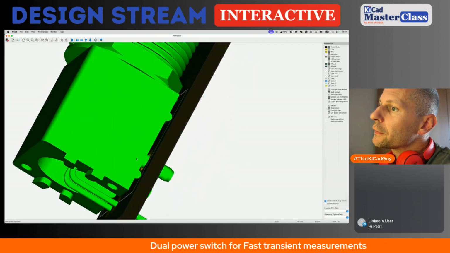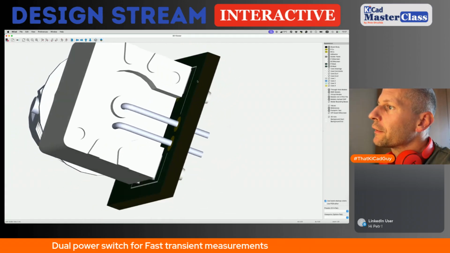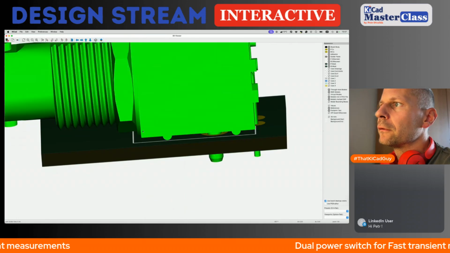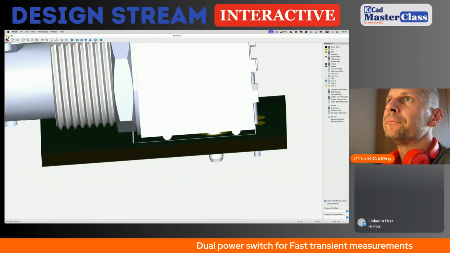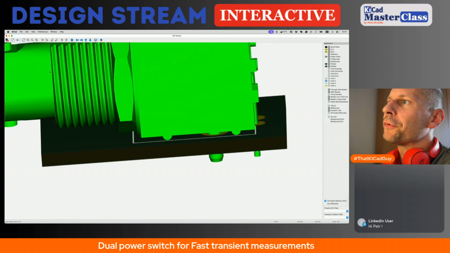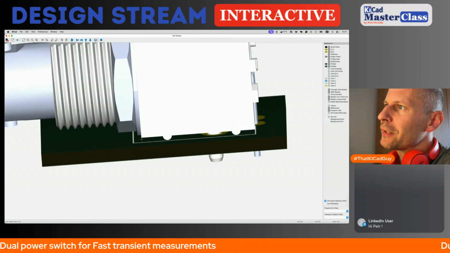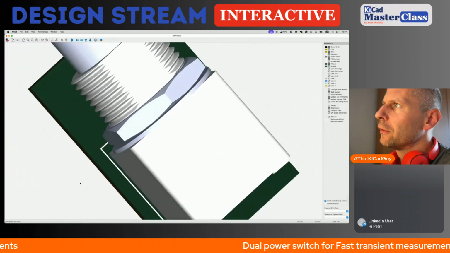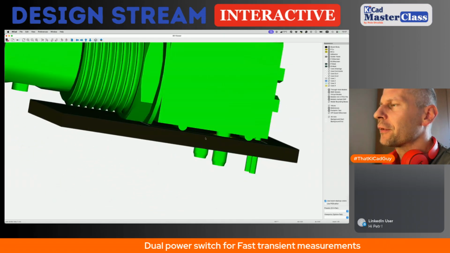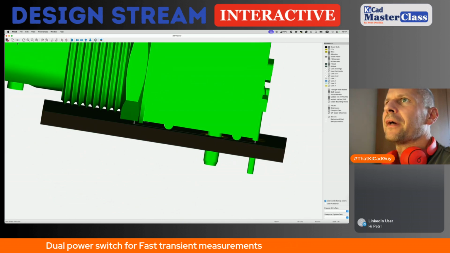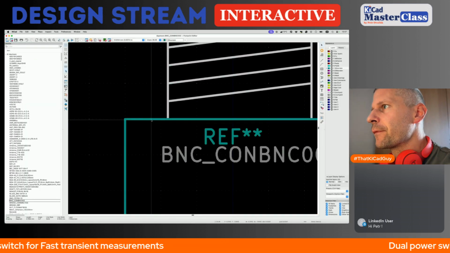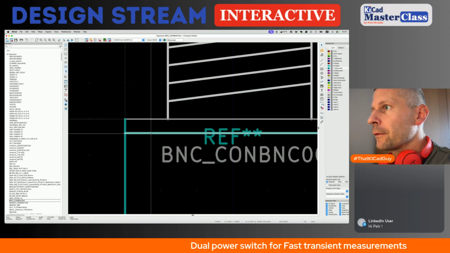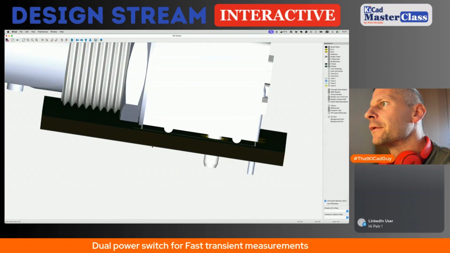Okay, that's not bad. The silk screen matches the shape pretty good. But I want the edge of the silk screen at the edge of the package, because then it will mark the edge of the PCB. So we need something like this.